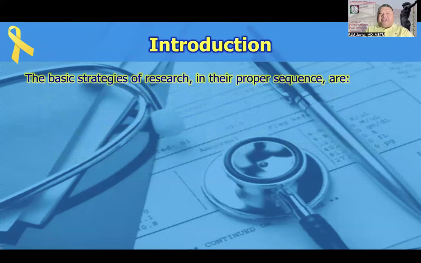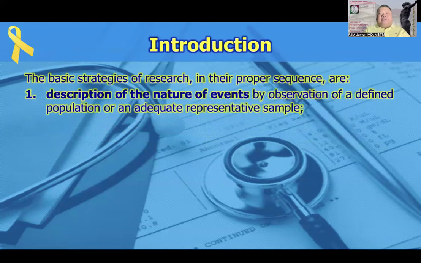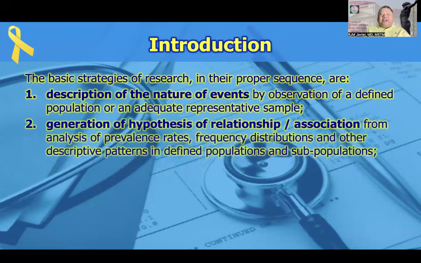So the basic strategies of research in terms of the sequence of their development will be as follows. Often we first describe the nature of events by observing a defined population or an adequate representative sample. Then we generalize hypotheses of possible relationships or association from analysis of prevalence rates, frequency distributions, and other descriptive patterns in defined populations and subpopulations.